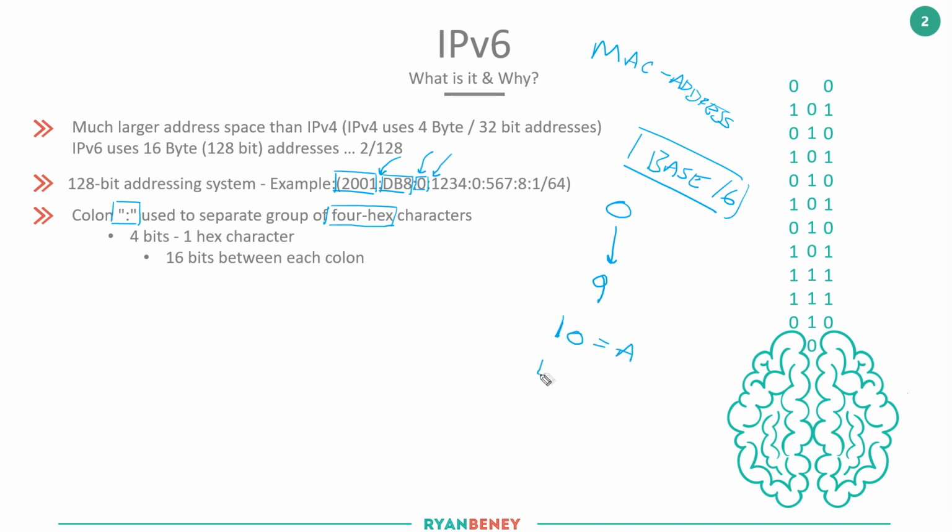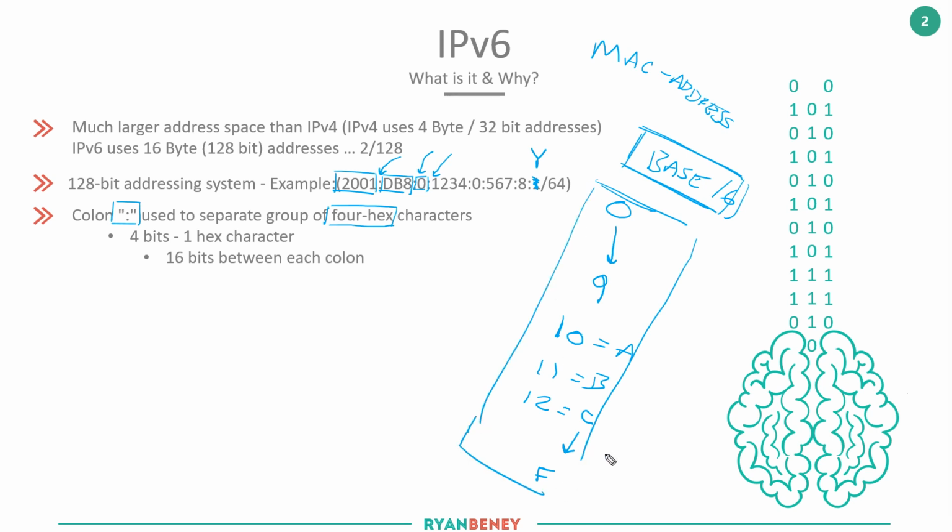So A, 11 is B, 12 is C, and that continues up to F. In total, that's 16 characters, so that's why we call it base 16. So if we see something above like a Y, for example, we instantly know this is not a valid IPv6 address. Make sure you memorize the 16 placeholders that you can have with hexadecimal.